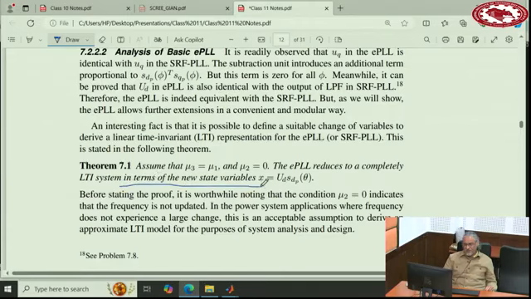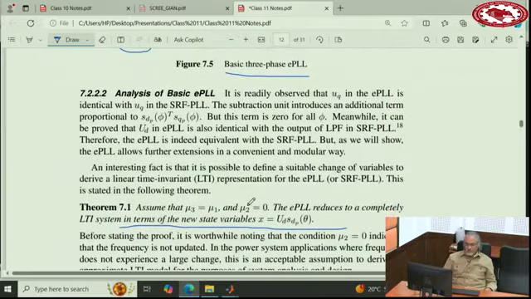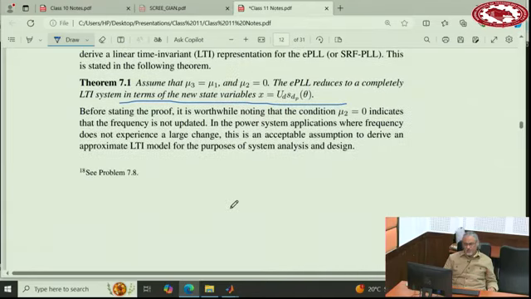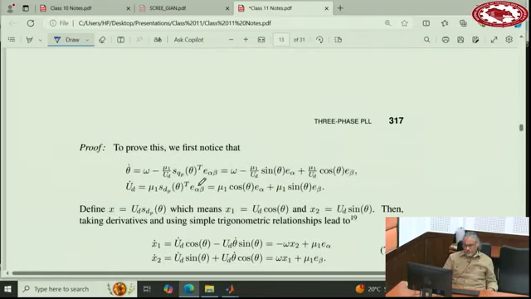That's basically what this theorem says. So in other words, this arrangement and under these conditions reduces the PLL to a completely linear time invariant system. So you can say basically it linearizes the operation of the phase lock loop. And this is the proof.